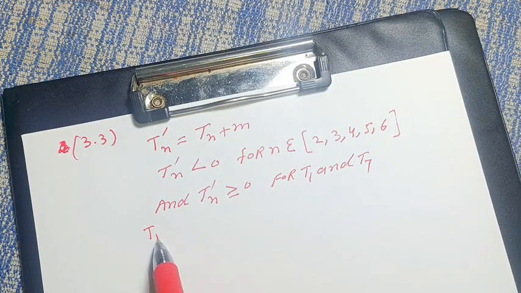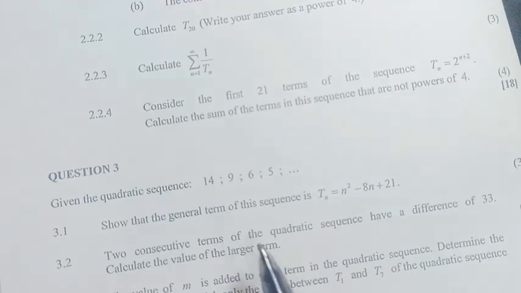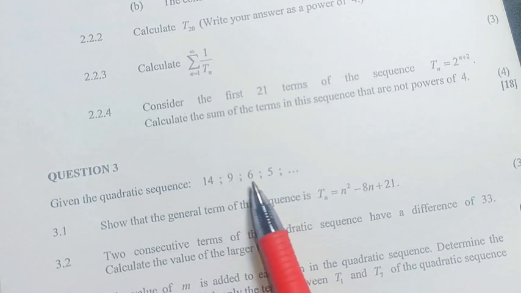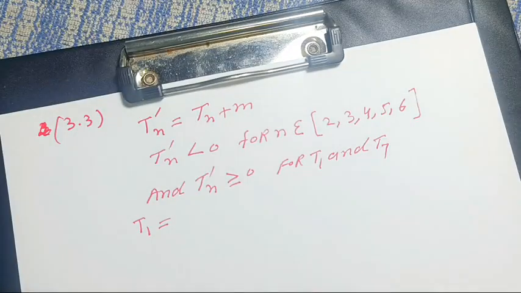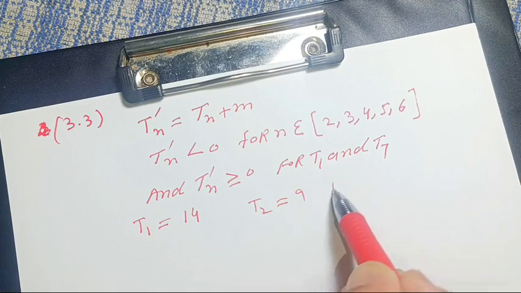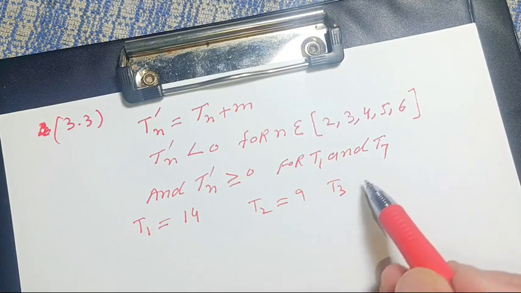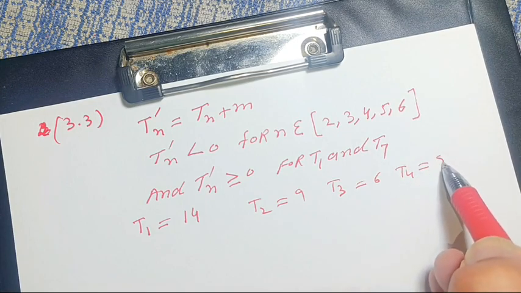We have T1 already: T1 is 14, T2 is 9, T3 is 6, and T4 is 5.